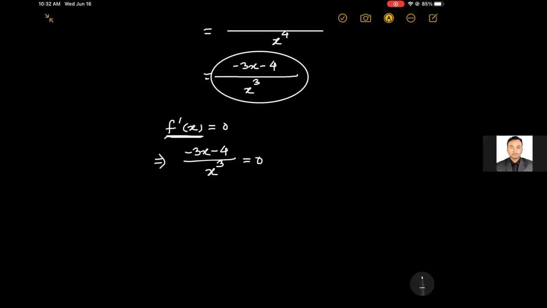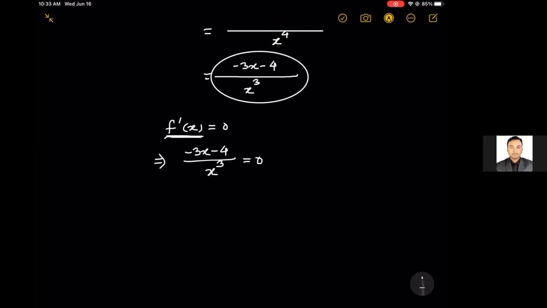No one? So for a fraction, your denominator can't be 0. Now do you remember? If your denominator is 0, then your fraction gets undefined.